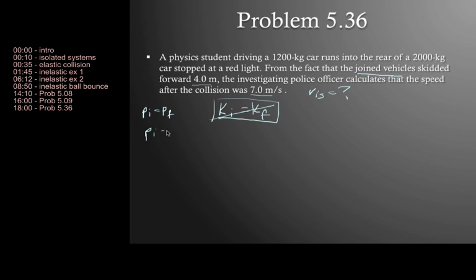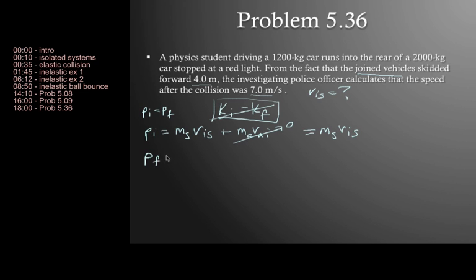So initial momentum is going to be the mass of the student's car times V initial of the student's car, plus the mass of this car that stopped. Let's just call it A, and then VA initial. Well, this car is stopped, so it's just 0. So our initial momentum is just the mass of the student's car times V initial for the student.